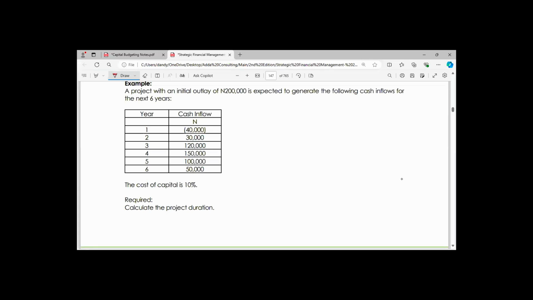For example, the first column should be number of years. The second column should be cash flow. I'm using this question as a format for calculating project duration. No matter how big the question is, it's the same thing.